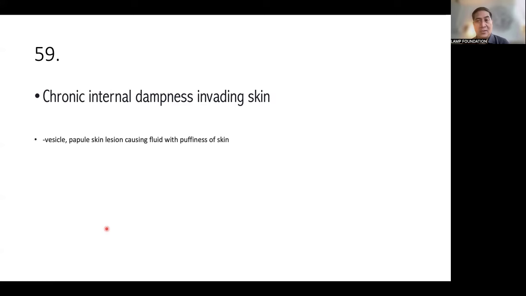Yung parang may tubig sa loob. Dampness yan eh. Papule. This is different from macule. Macule kasi hindi elevated. Ito elevated ng konti. That's chronic internal dampness. Lalo na yung mga batang kumakain talaga ng puro lang matatamis.